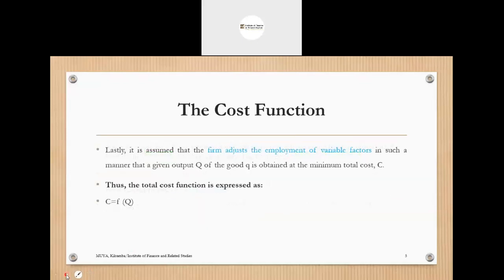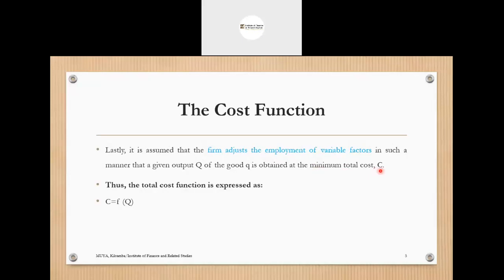The other, not really an assumption, is that if a farm wants to increase its output, it would have to adjust the amount of variable factors it is using. So that for a given output Q, the good Q is obtained at the minimum cost, which is C. Remember in the other video we said some of the goals of the farm is cost minimization.